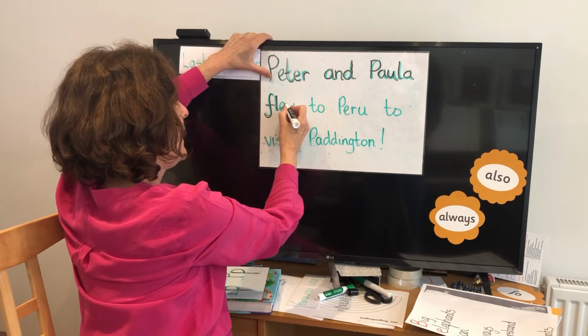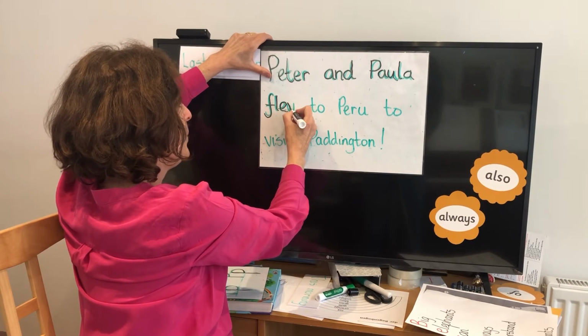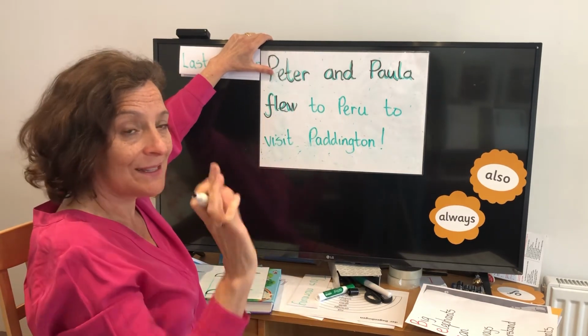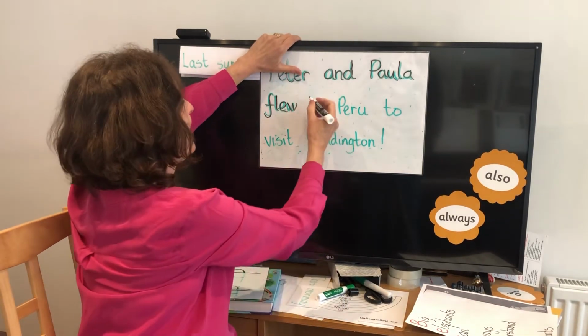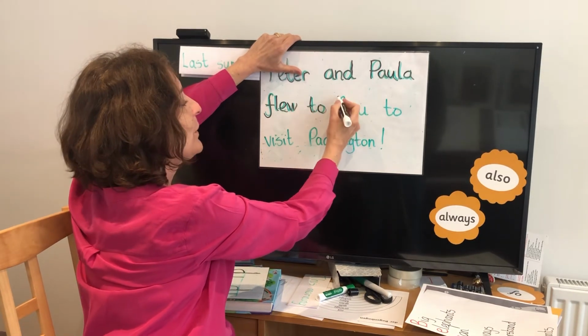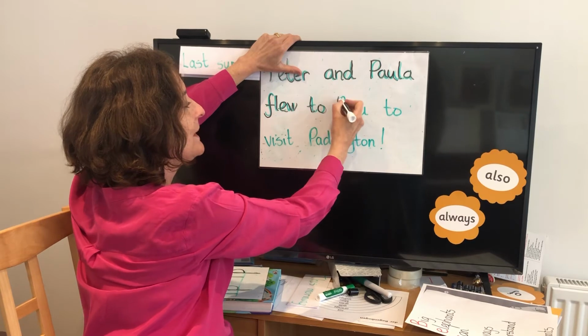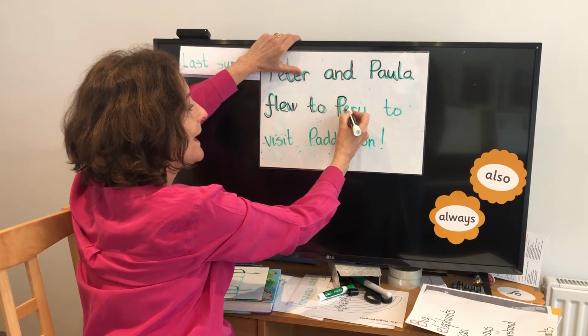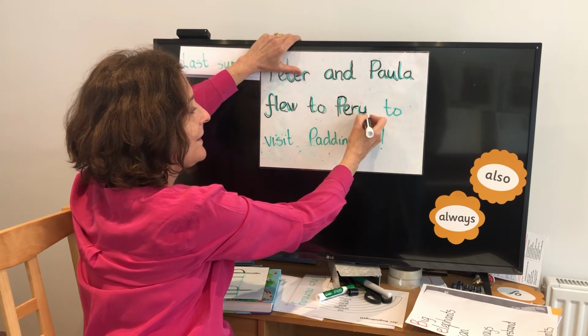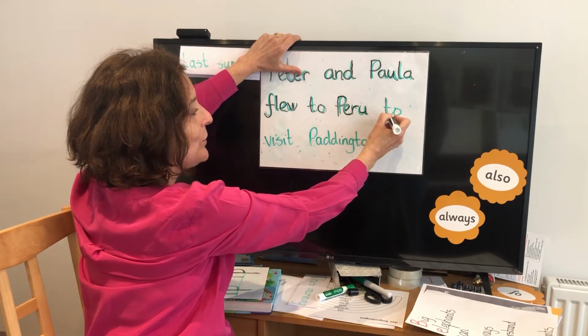L, E, and W. Now, E and W say oo together. That's something we're going to learn about in literacy later. Two. Peru gets a capital: top to bottom, lift, round, E, R, and a U.